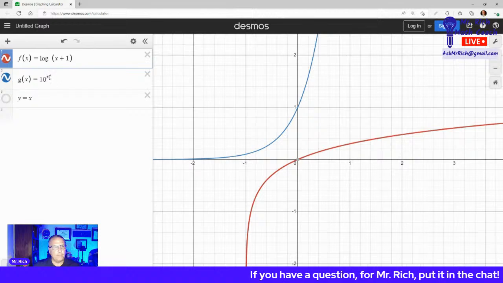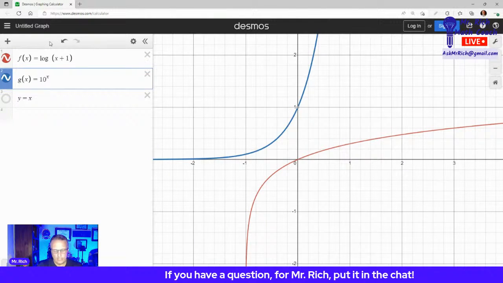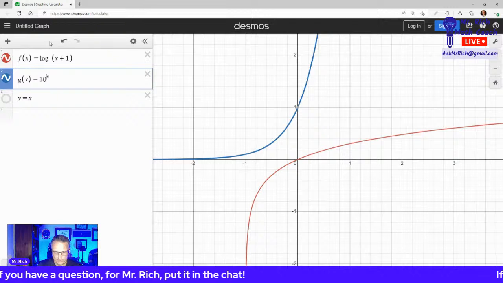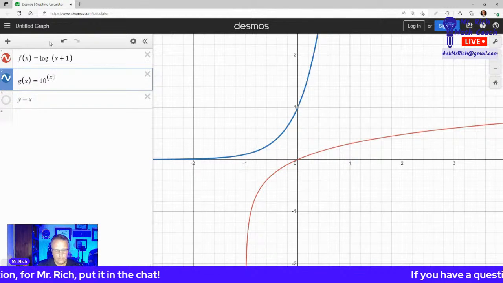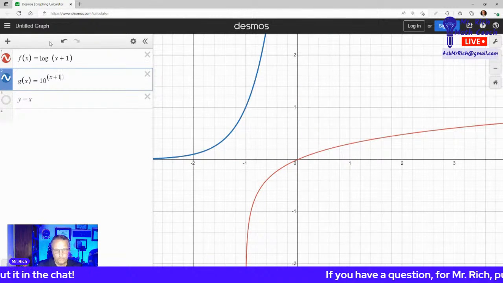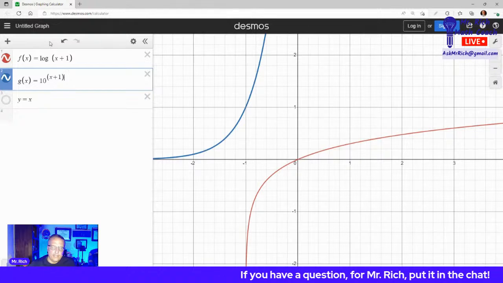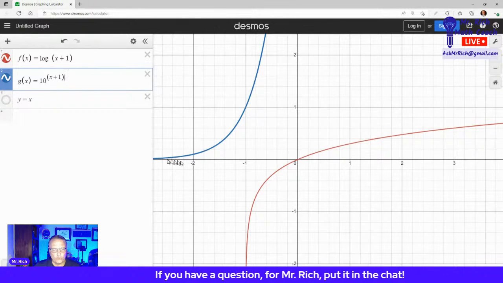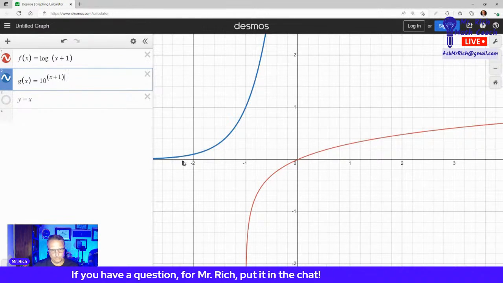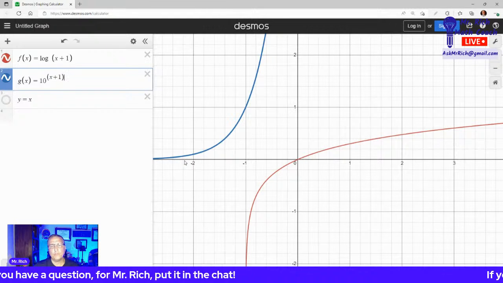We can also do the same here by putting a +1 into the exponent up here. And put a +1. There you go. And so that, again, was a left shift. It didn't alter the horizontal asymptote any, because a horizontal shift won't change any horizontal asymptotes.